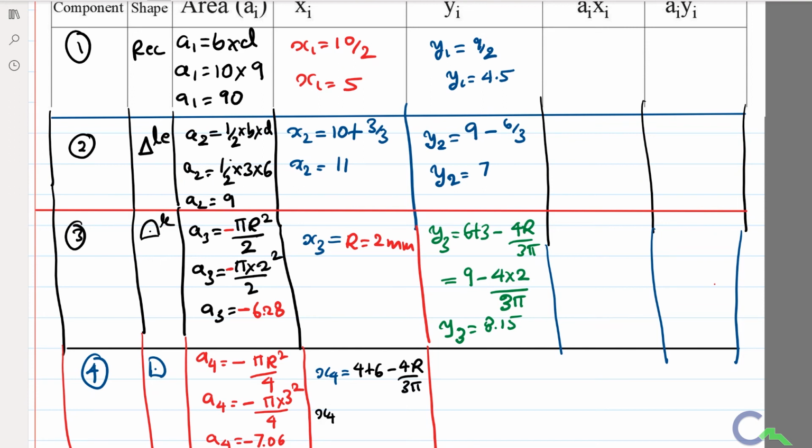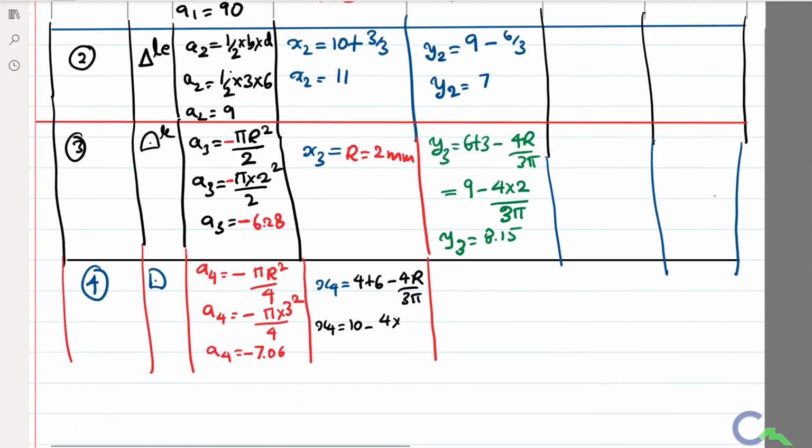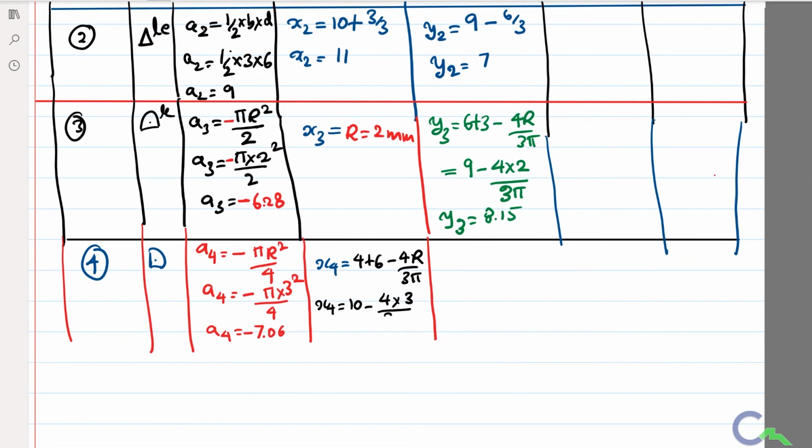Therefore x4 is equal to 10 minus 4 into the radius of the quarter circle, 3 mm, divided by 3 into pi. Therefore x4 we will get 8.72 mm.